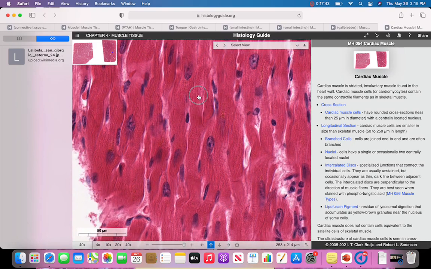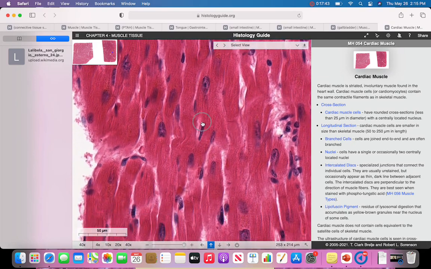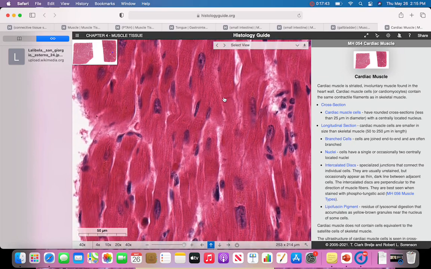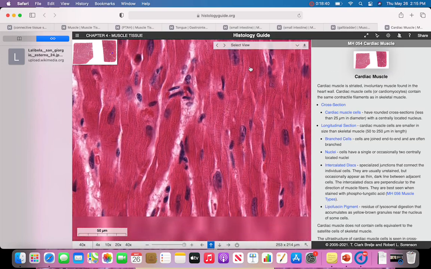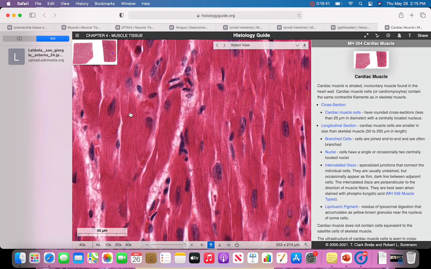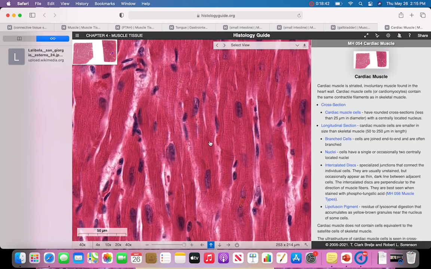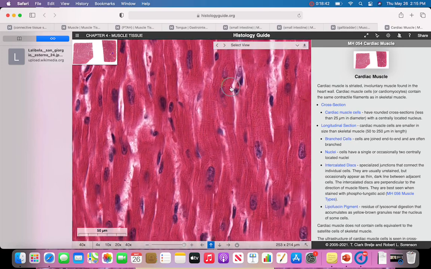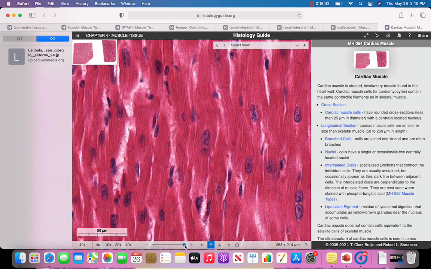Let's look for intercalated disc. So running transversely, these dark lines indicate intercalated disc. You can also see it here. You can also see it here. And we can also see the striations.